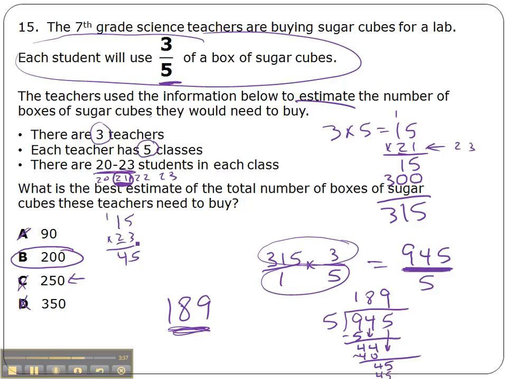4 in the tens place, 0, 10, 1, 345 times 3/5.